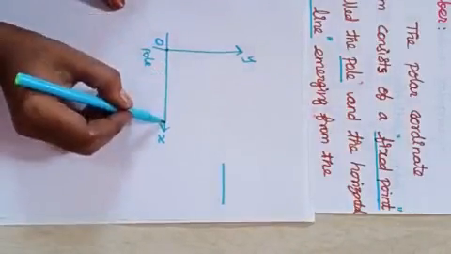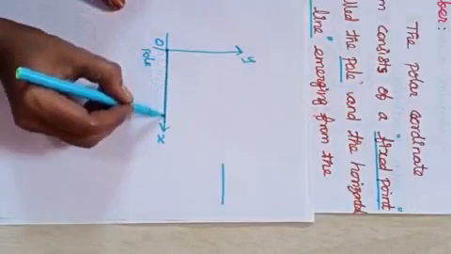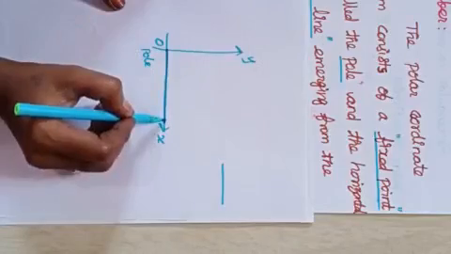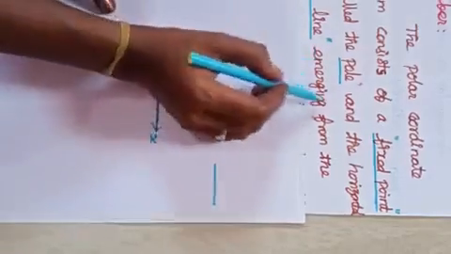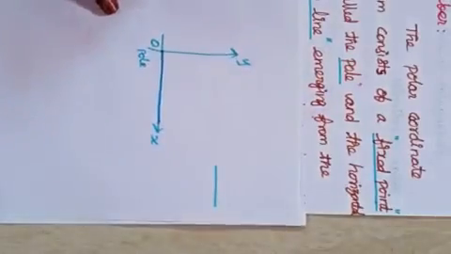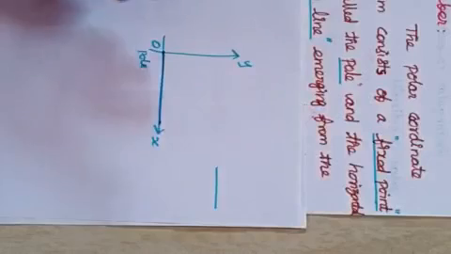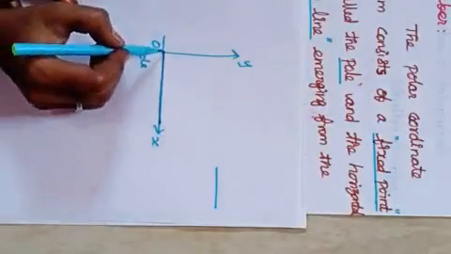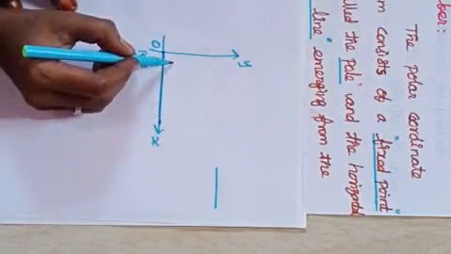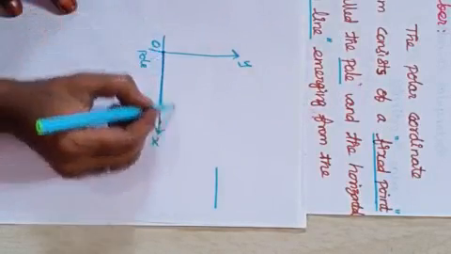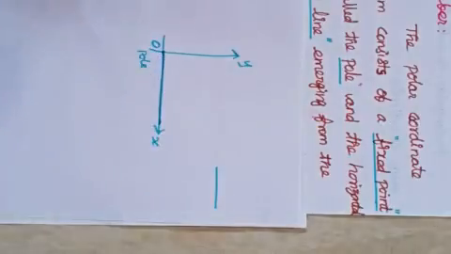It is a half line. Here it is the half line. This half line emerging from the pole. What is the meaning of emerging? Emerging is nothing but simply we say increasing. So this half line is increasing from the pole.